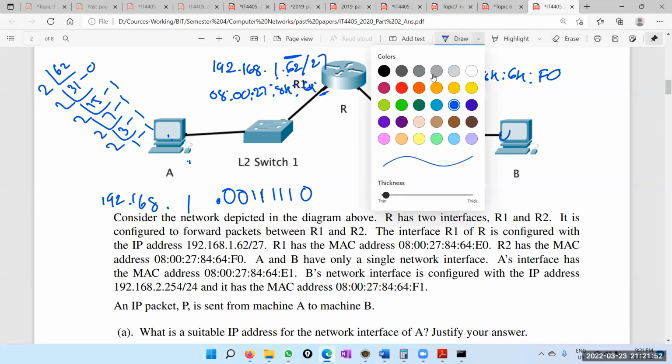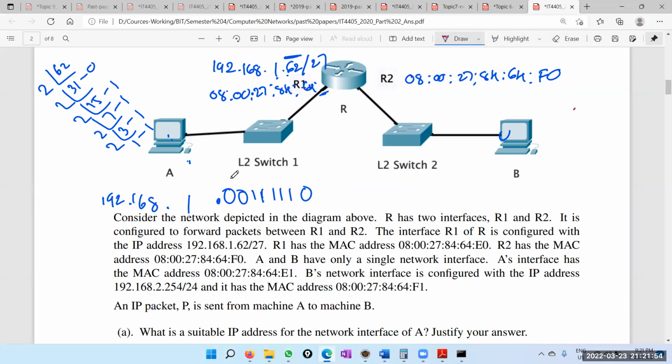/27 means this border is somewhere here. Again, let me double check: 62 is 0 0 1 1 1 1 1 0.